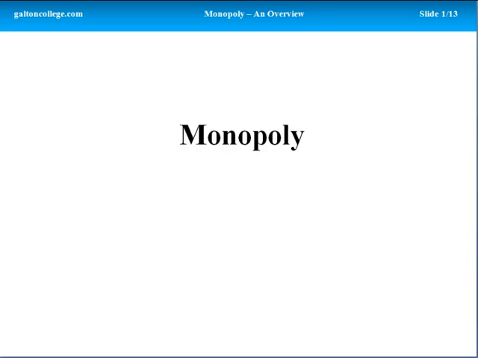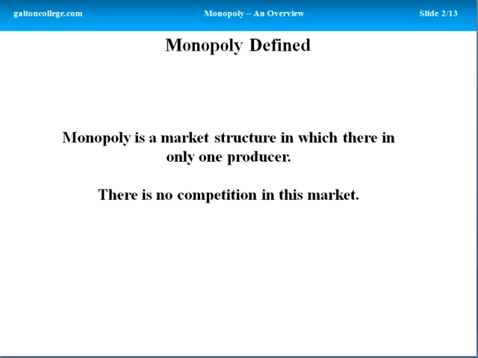And at the other extreme is monopoly. Monopoly is a situation where there is no competition. Monopoly is where there is just one single producer and there is no competition in the market. So it's also quite extreme. So we've got an idea now of competition running from infinite competition, maximum competition and perfect competition.